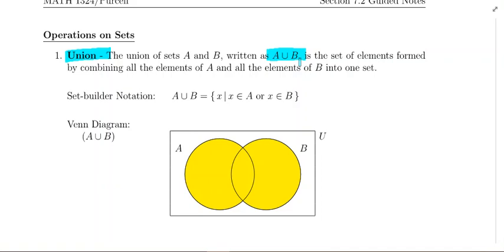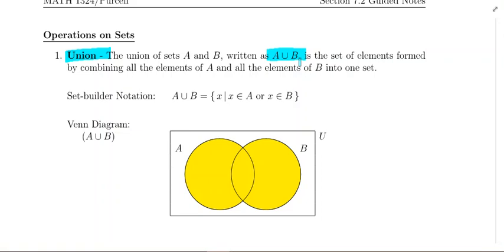The best way to think of a union is that you have two sets and you're joining all of their elements together to form a new set. You can remember union by thinking of marriage. Marriage is a union.